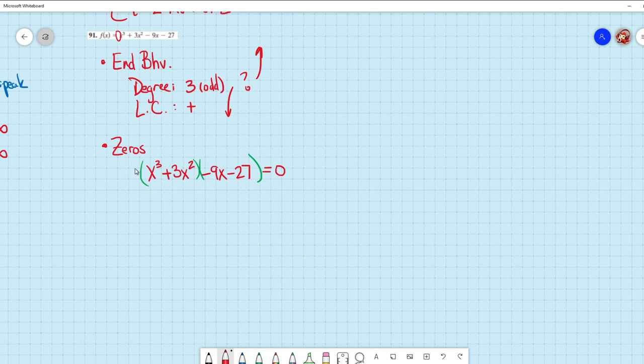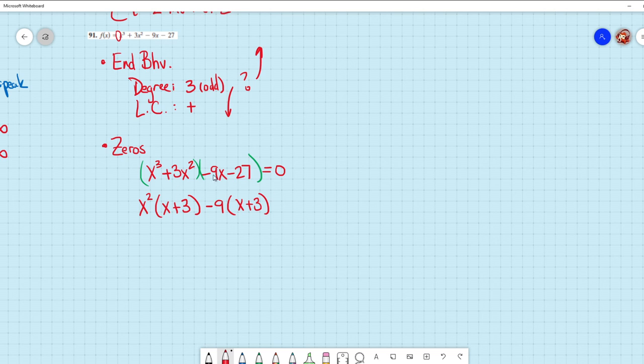In the first group, I see there's a common factor of x squared. So this is x plus 3. Now when I go to the second group, I want to factor something out that will match something in the first group. So I see that if I factor out a -9, that's going to give me an x plus 3, which matches what I have in the first group.